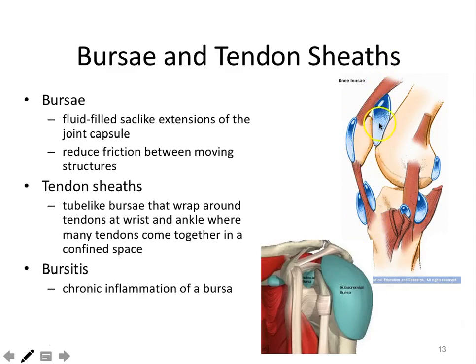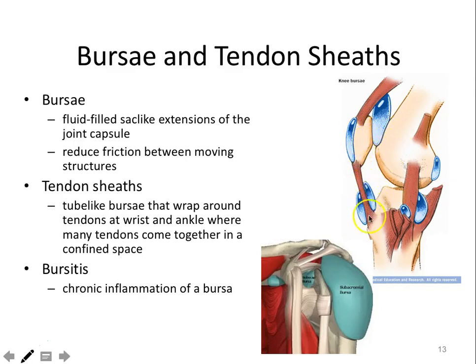And you have this fluid-filled sac right here, which looks almost like a little beanbag. It acts as a cushion, and it's yet another thing that helps reduce friction between the patella and the femur.